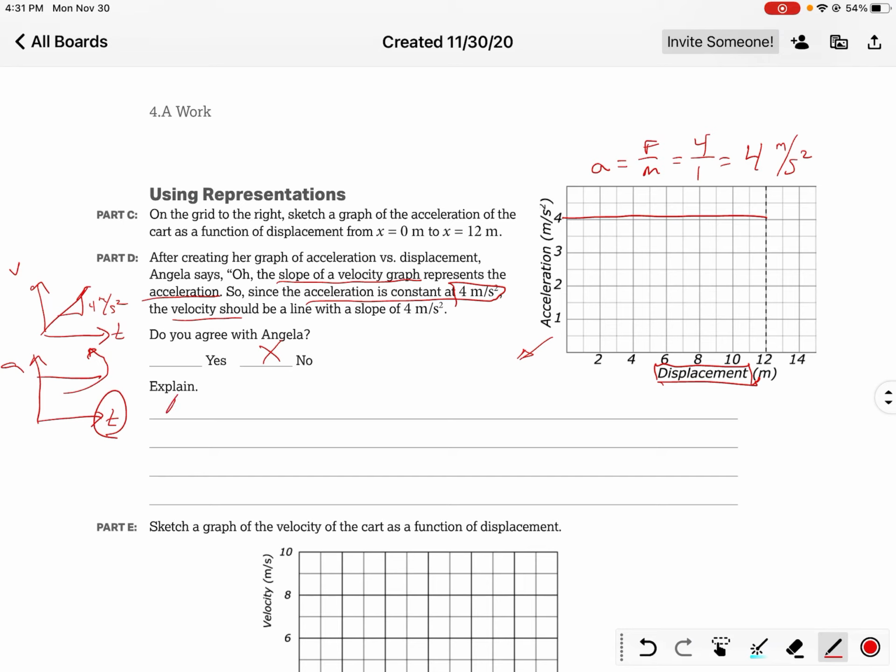So we could say that Angela is mixing up the acceleration-time graph with the acceleration-displacement graph given.